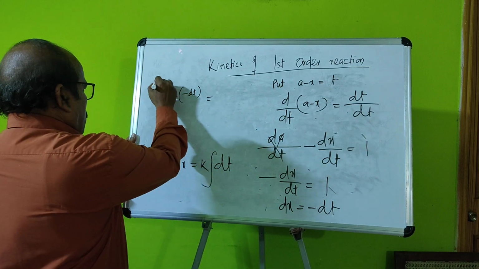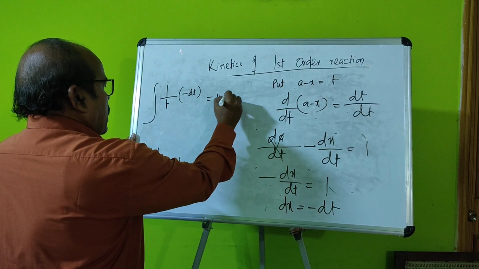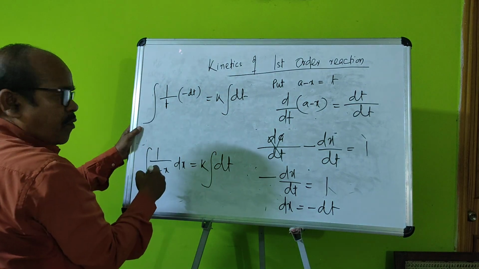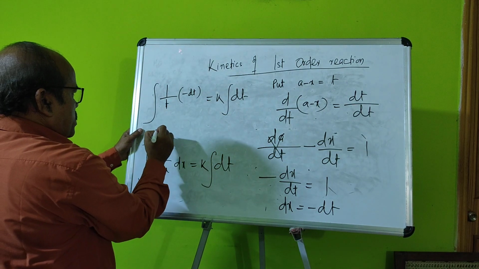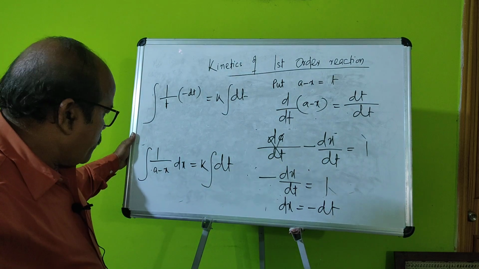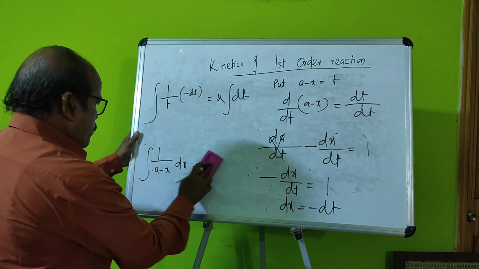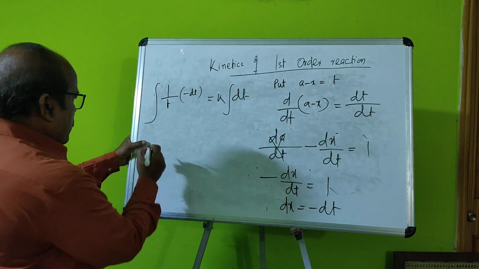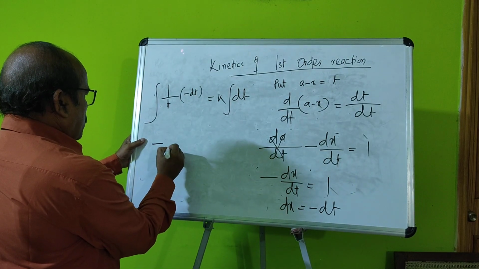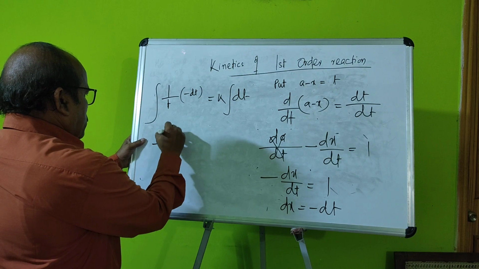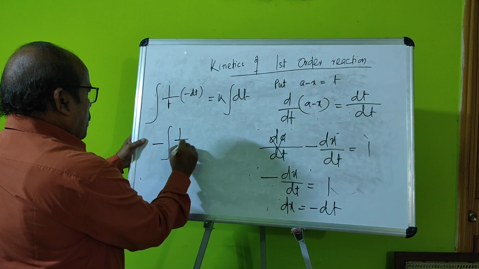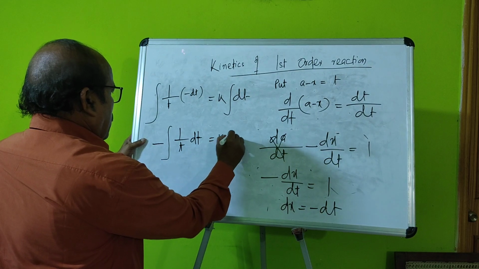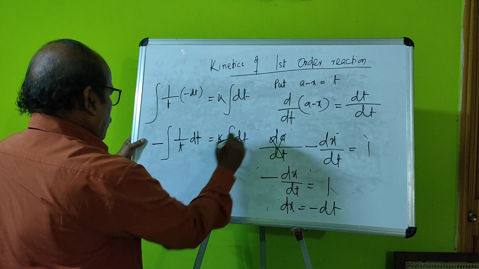Is equal to k integration of dt. Now integration of 1 by t times minus dt, taking minus outside, integration of 1 by t dt is equal to k integration of dt.